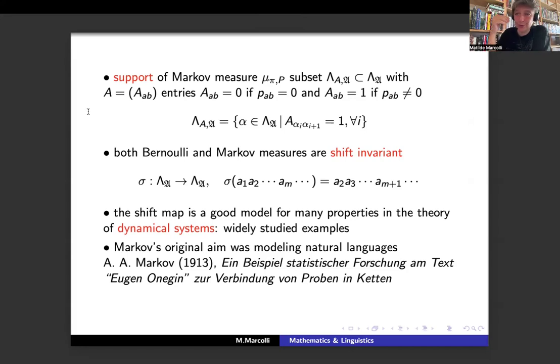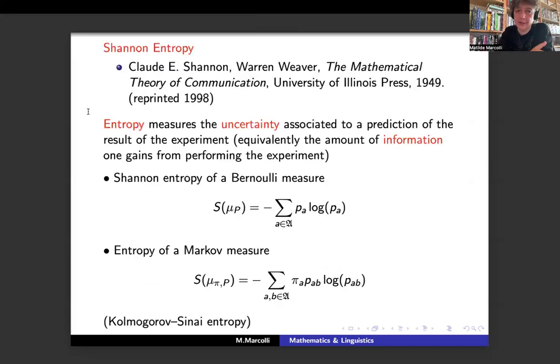So the actual original motivation for introducing Markov chains or Markov models was exactly analyzing the statistics of occurrences of words in text. And one of the original applications was the analysis of Eugene Onegin in Russian literature on the basis of this kind of statistical analysis.